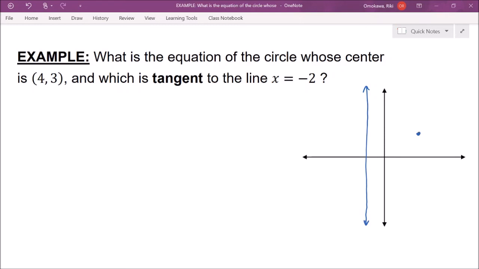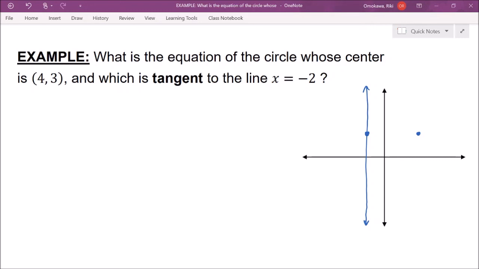And don't forget, if this was y equals, then it would be a horizontal line. Now the center is here, and do you see how if the circle is to be tangent to the vertical line, then it's going to have to touch it here, directly to the left of the center? And this is the distance of the radius.